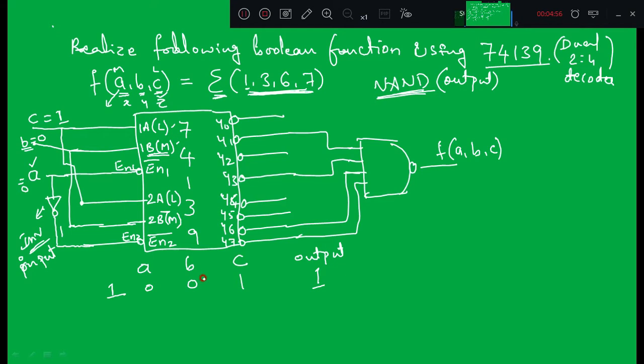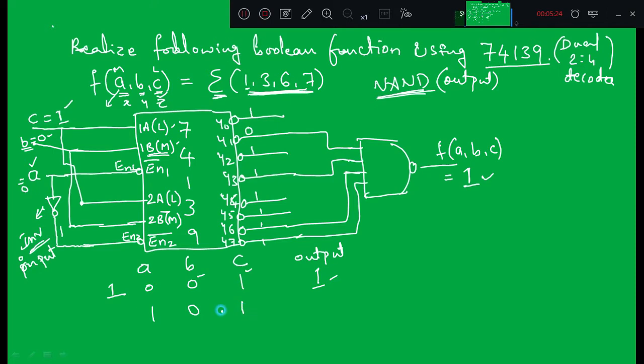B is 0 and C is 1, that means Y1 is selected, so Y1 becomes 0 and the rest all become 1. What is the property of this NAND gate? If any one input of the NAND gate is 0, then the output is 1. Did I get the correct output? Yes.